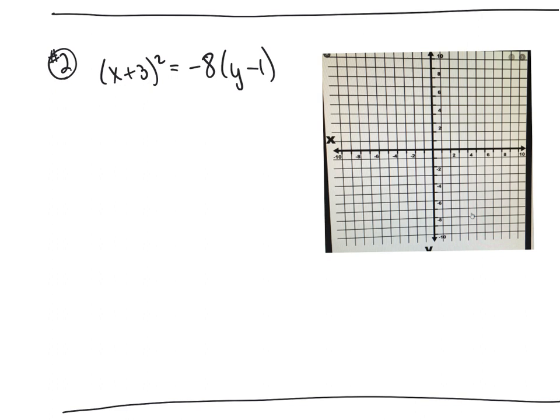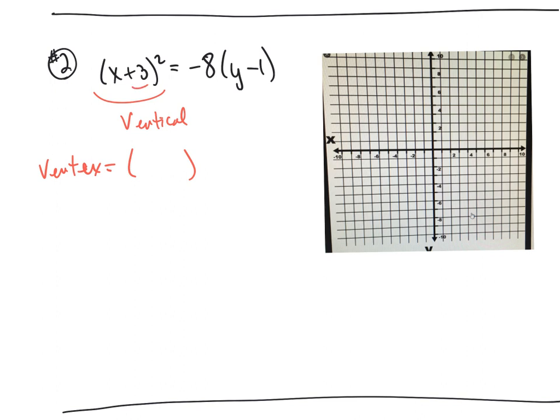Right? Because it's the x's that are raised to the second power, this then means that we're going to have a vertically opening parabola, so either up or down, all right? And you should be able to then tell me the location of the vertex right off the bat, because that's opposite of the values inside the parentheses.